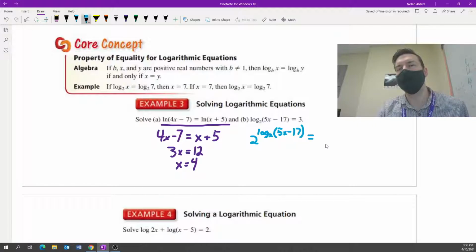equals, and we have to do the same thing over here, so the base is 2, and we'll set everything else as an exponent. And when you do this, this pattern over here, remember this is one of the properties we talked about with logarithms. Since this base is the same as the base of the logarithm, this simplifies simply to just 5x minus 17.